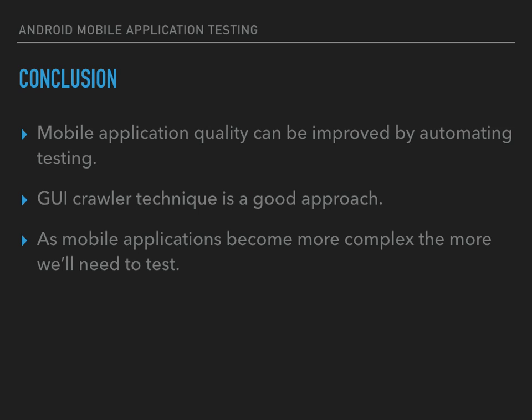Now, a lot of people skip testing because it can't be automated. They don't have the time. So by automating some of this testing by using techniques like the GUI crawler technique, we can drastically improve Android mobile application testing.